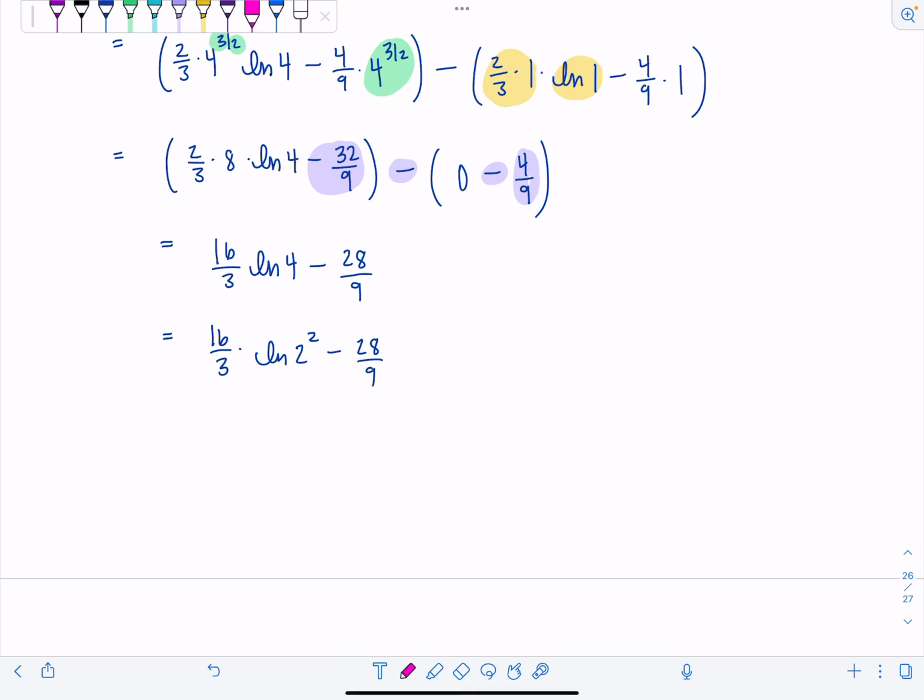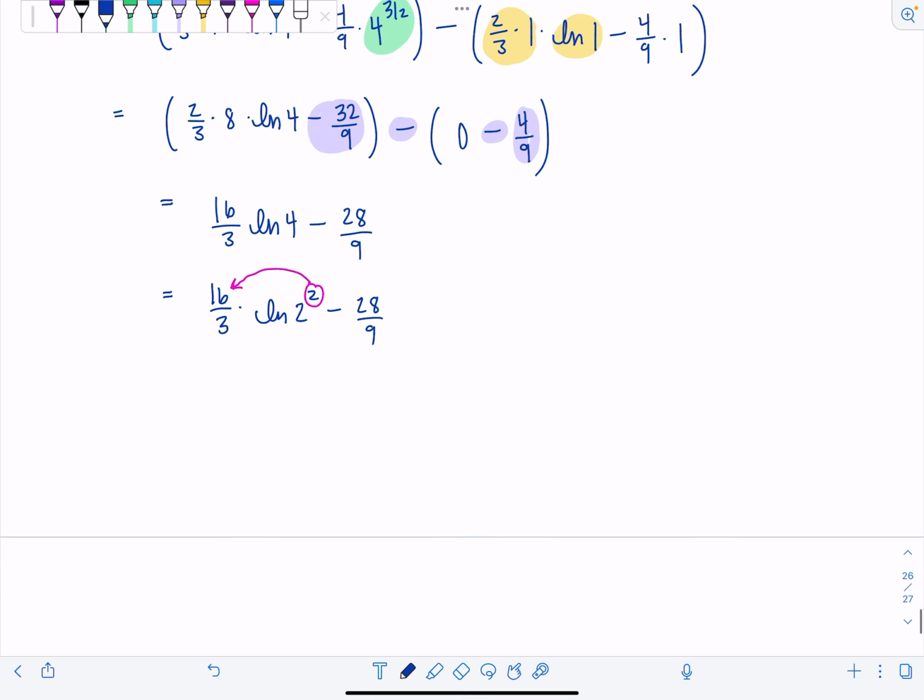And then I can move that exponent to the front, multiply by it, and then now I have 32 over 3 natural log of 2 minus 28 over 9. So I'll say that's my final answer that I box.